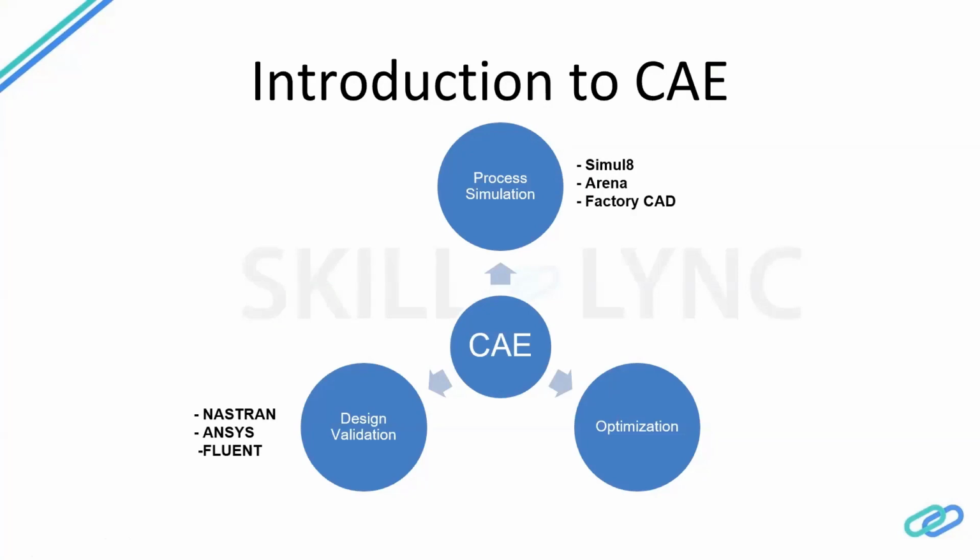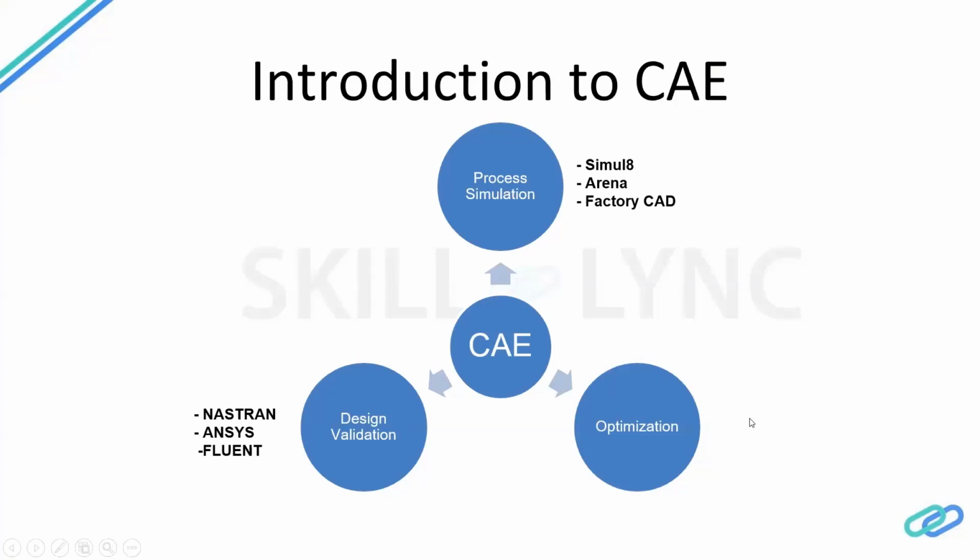And the third category of software is called optimization software. Optimization software is slightly different. Even though there is not much difference between design validation and optimization, a thin line exists between these two categories of software, wherein we try to optimize the product to meet specific design requirements.